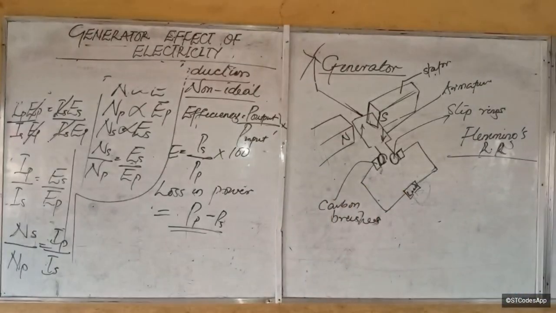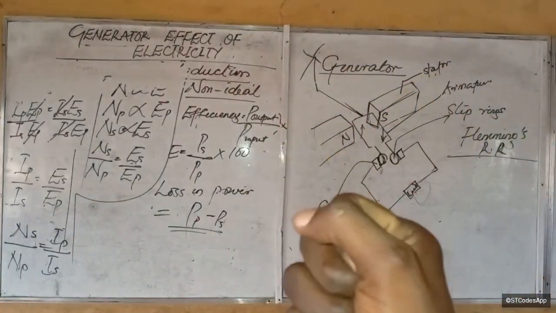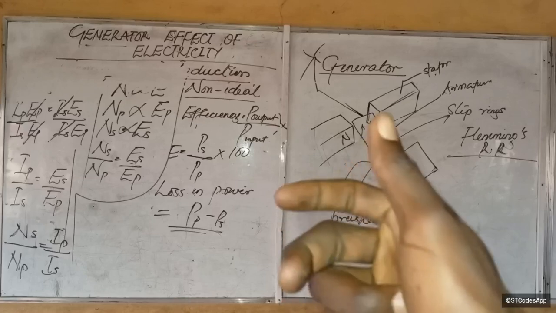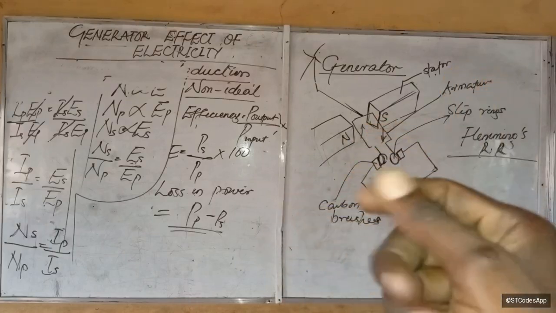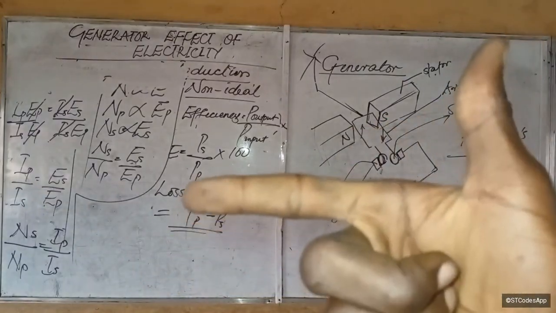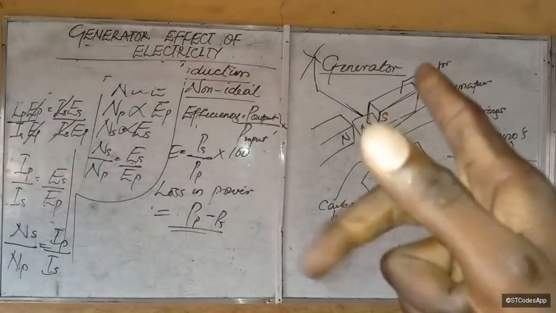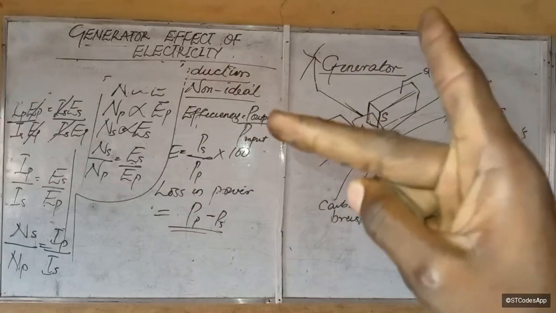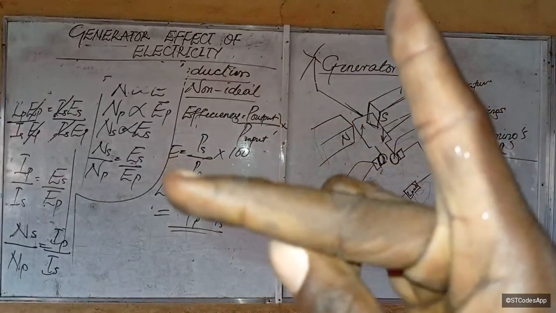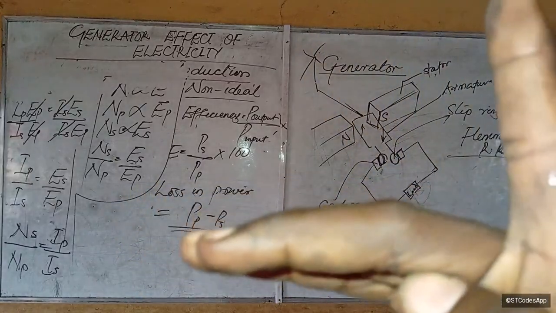Your hand should be oriented in such a way that the fingers are all at 90 degrees to each other. For example, I will orient this finger and this finger at 90 degrees to each other. You see this 90 degrees, right? It's not so perfect, but kind of like 90 degrees.